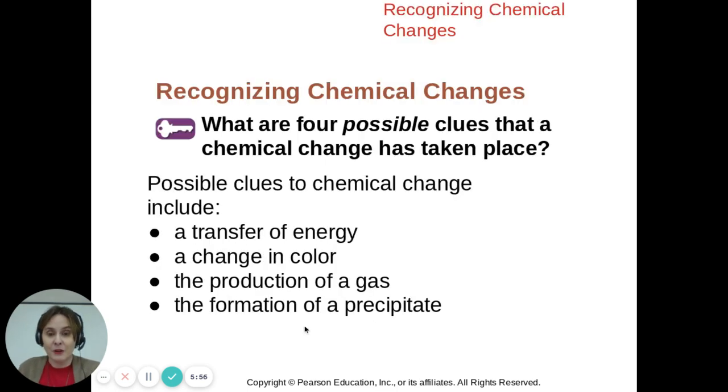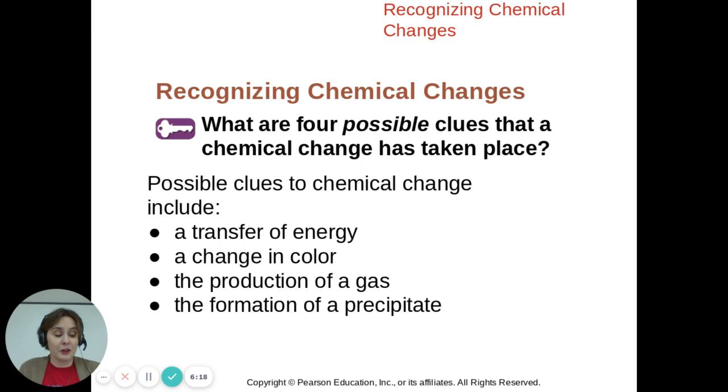But we have clues. It may be a mystery, but with any mystery, there are always clues. Possible clues. Notice the emphasis on the word possible. Possible clues to a chemical change can include a transfer of energy. Maybe something gets hot or cold. Something goes pop. You hear noise or light or something.